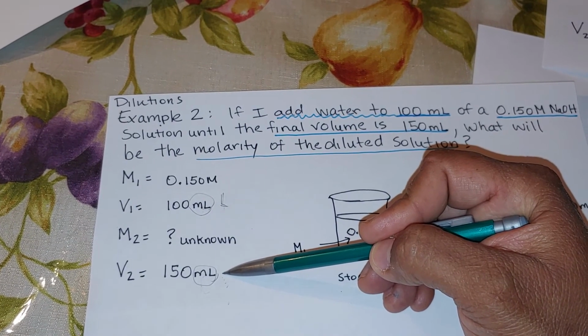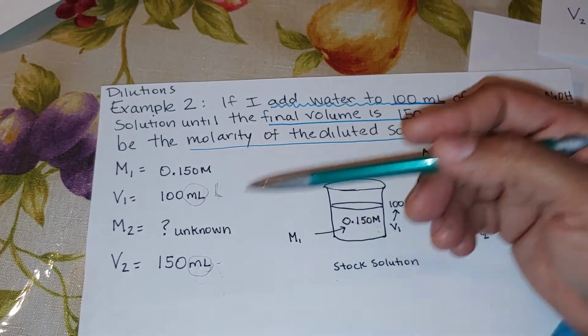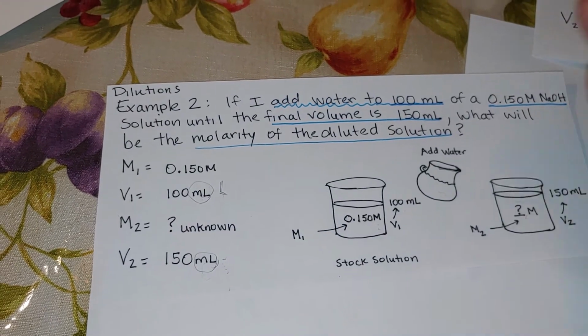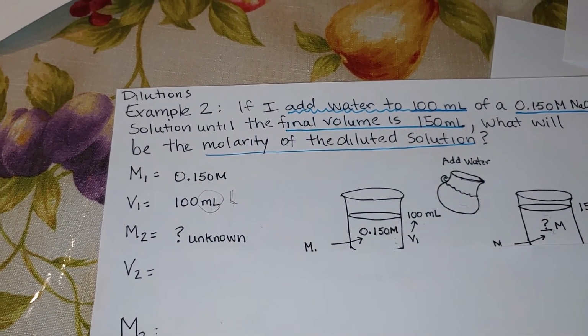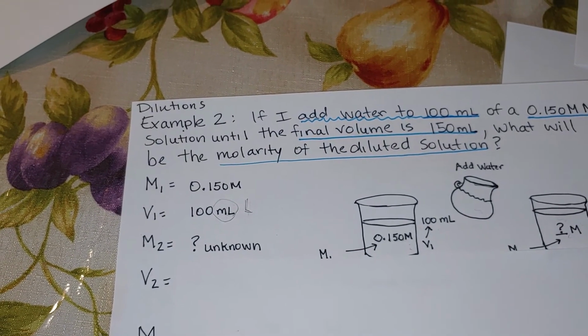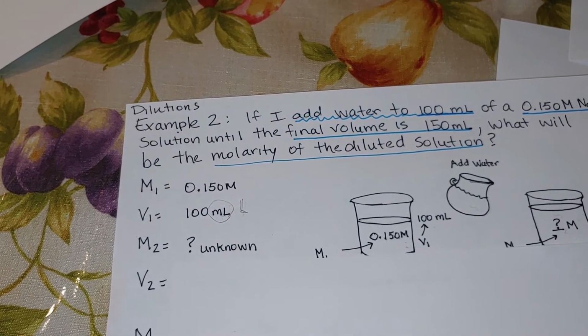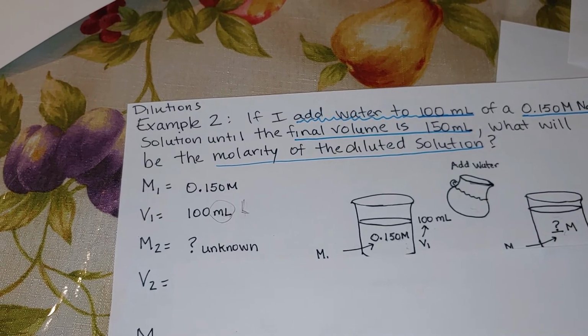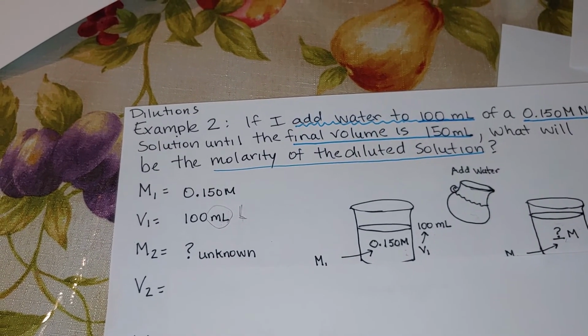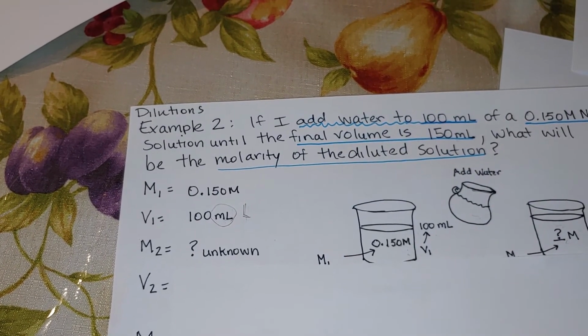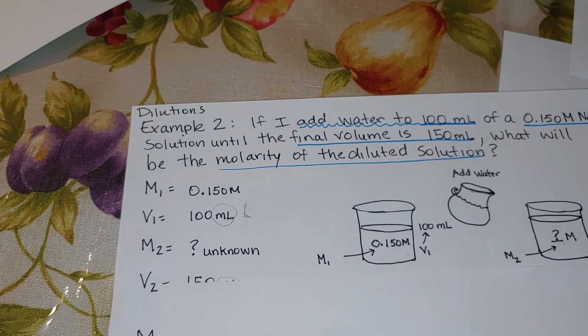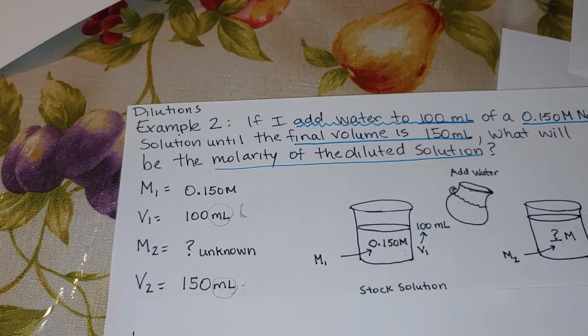If you're trying to find V2 and you're given milliliters, you'll calculate a number in milliliters. No problem if you're using the same unit, just make sure you keep it consistent.